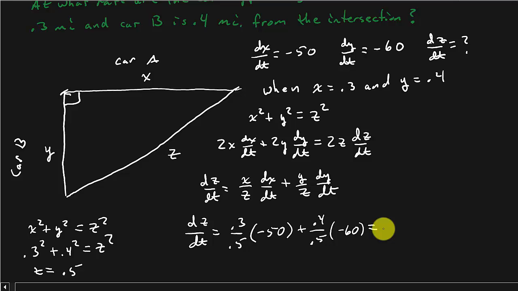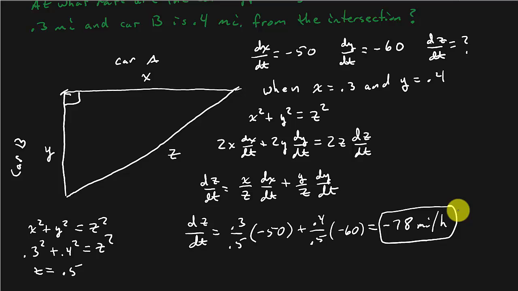And when we put all of that into our calculator, we're going to get about negative 78 miles per hour. That's how fast they're approaching each other. Okay, so they're approaching each other at a rate of 78 miles per hour.